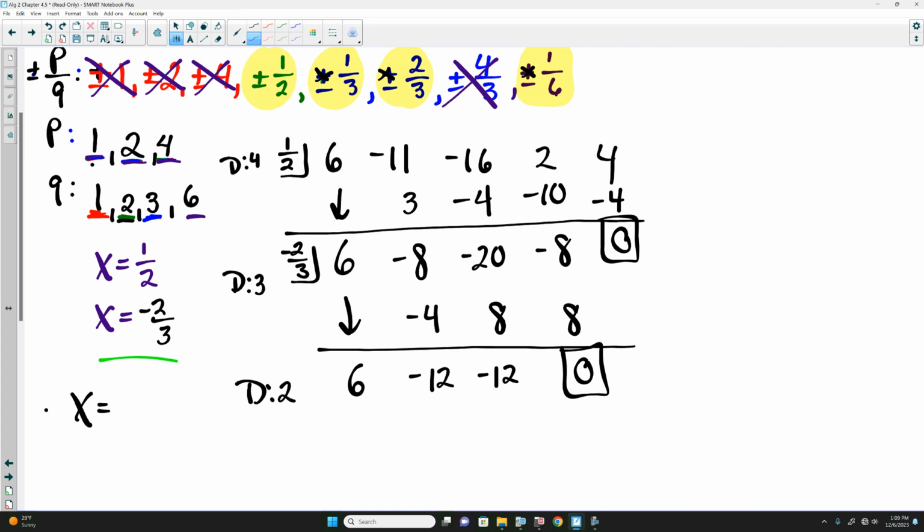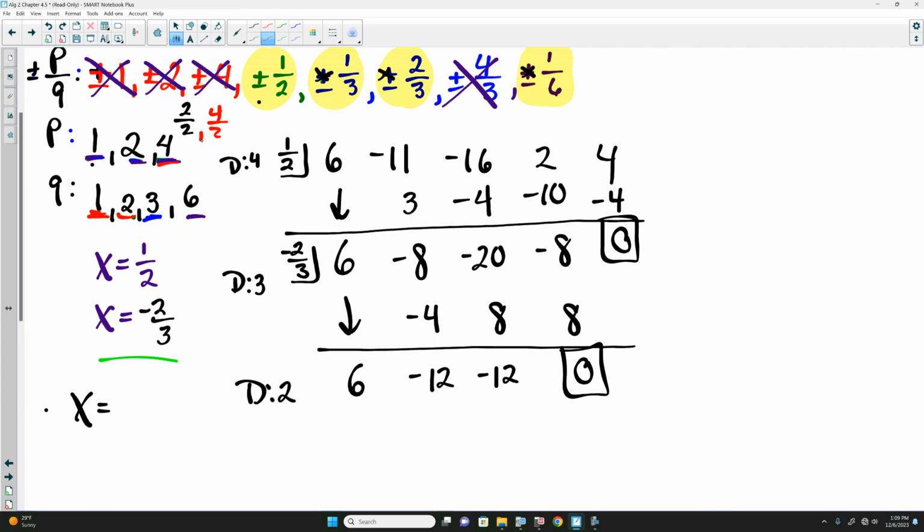1 over 2 is, 2 over 2. What's 2 divided by 2? Is it already listed here? We don't list it again. Next one is 4 over 2.